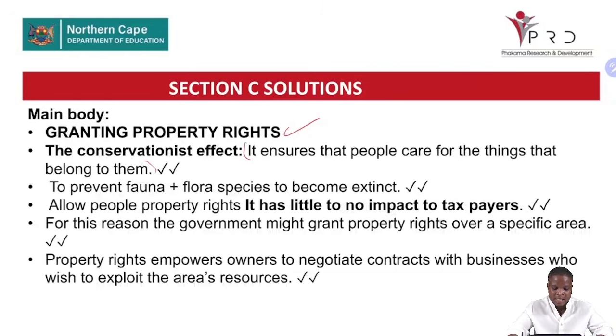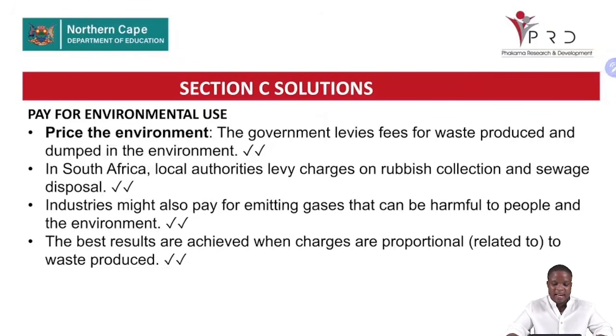If you have a different response that you feel is correct, then you may ask the teacher to assist with that point. It may be correct. Remember, we are taking any other relevant correct response, not just any relevant one. Right, the next one is paying for environmental use.